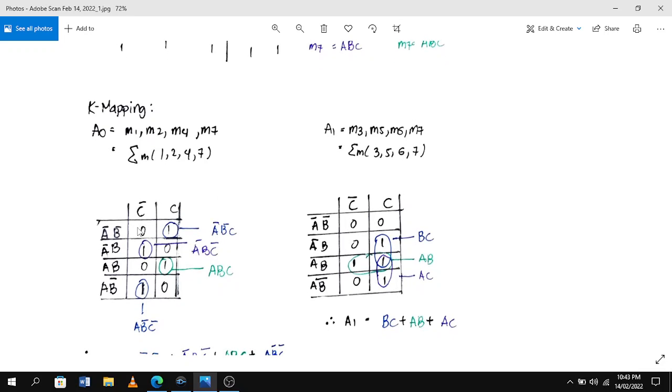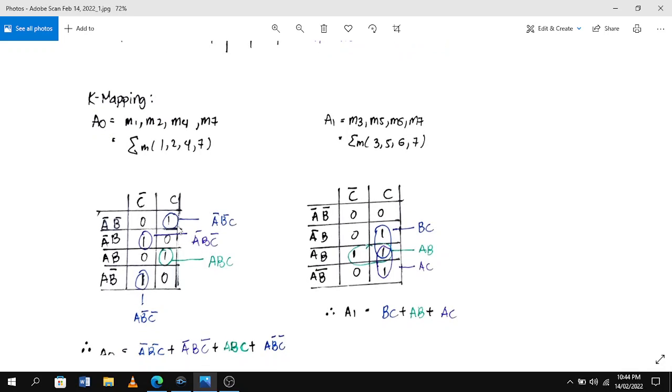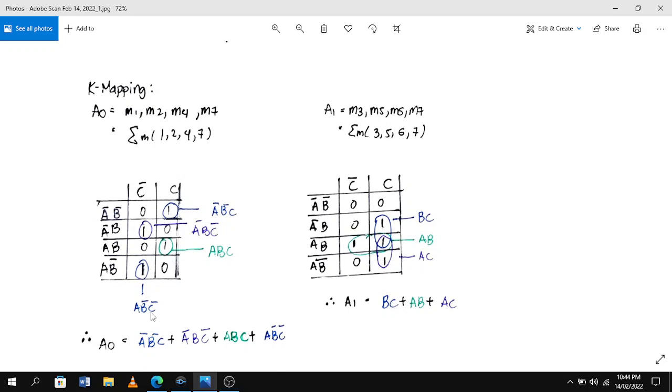By grouping them, unfortunately, we only have one grouping for each. We cannot group them further. So we have A complement B complement C, A complement B C complement, A B C, and A B complement C complement.